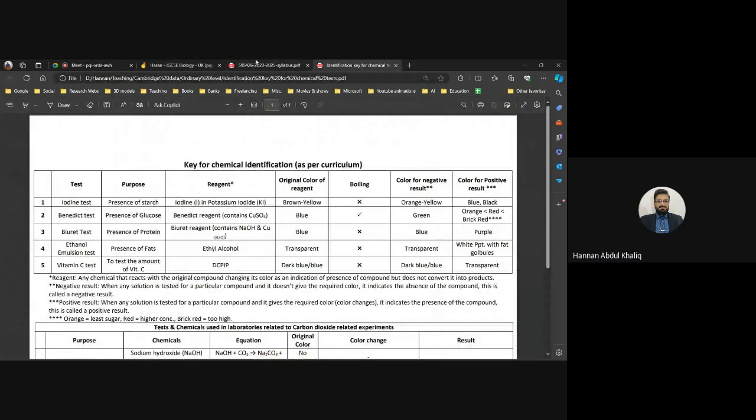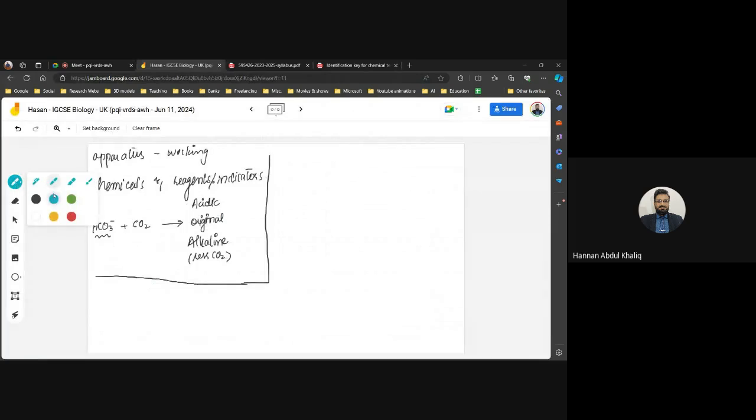Okay, so the next thing in every experiment, once you have done all this, is presentation of data. A presentation of data can be done in two ways. One is tabulation.